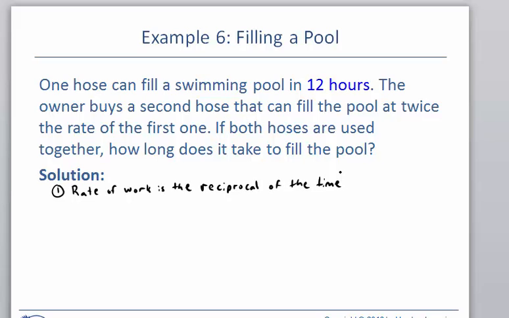What this tells me in relation to this problem, the first sentence says that one hose can fill a swimming pool in 12 hours. So the rate of work is the reciprocal of the time. And so the rate of work of the first hose is 1/12 because that hose can fill the pool in 12 hours.